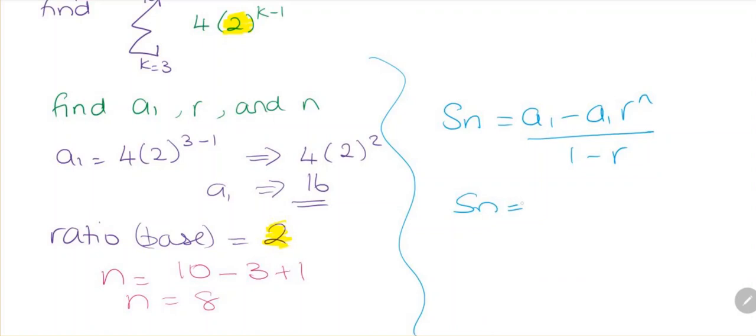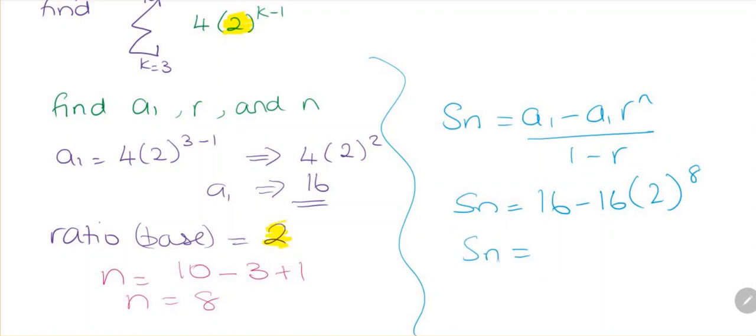So the sum of our numbers, A1, the first term, is 16. So 16 minus 16, our ratio we said is 2, and the power n is 8.